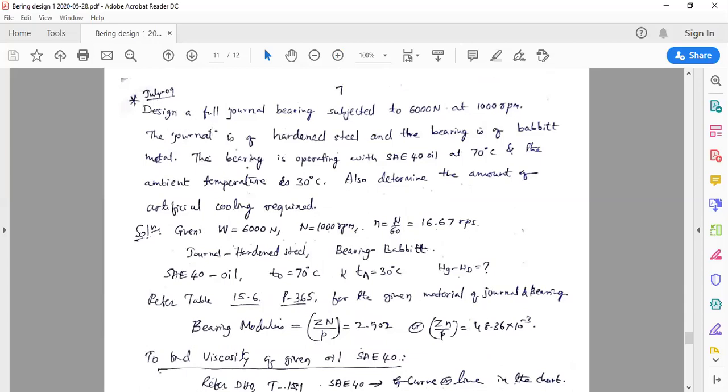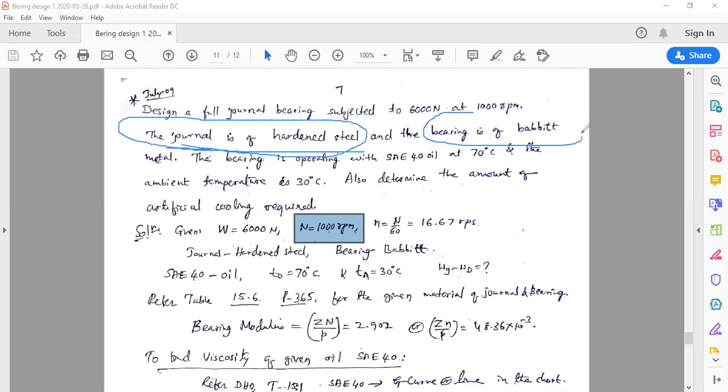Say, design a full journal bearing subjected to a load of 6,000 newtons. W is 6,000 newton, and the shaft is rotating at 1,000 rpm. The shaft and bearing materials are both given here. The shaft or the journal is made of hardened steel, and the bearing is made of Babbitt material.